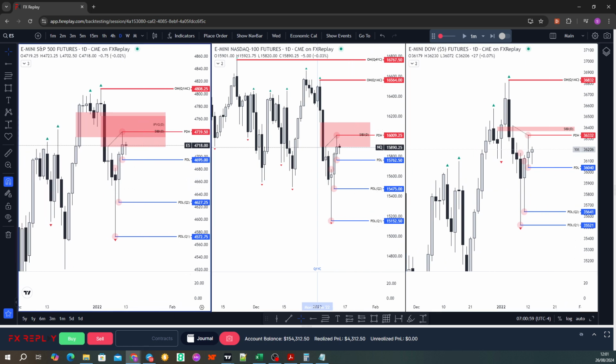Yeah, alternatively, if we see price trade to and indicate via the lows a high time frame cracking correlation, we could see price seek the liquidity above the highs.